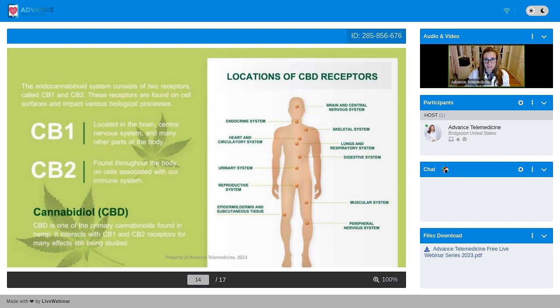When these systems are out of balance, depleted from CBD, they have problems. They could have pain, they could have inflammation, they could have spasms. By getting them in balance, that alleviates a lot of these symptoms and conditions.